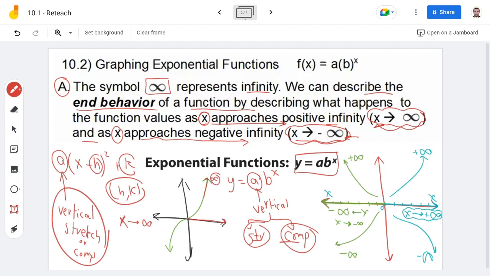Same thing here. When x approaches negative infinity, look where my function goes. My function is going to negative infinite. So this is the end behavior, in brief, of how we can know the function.